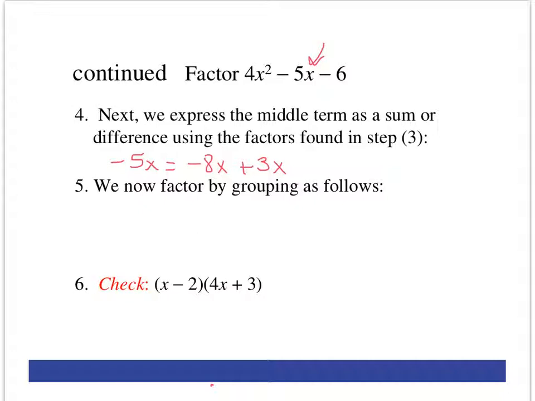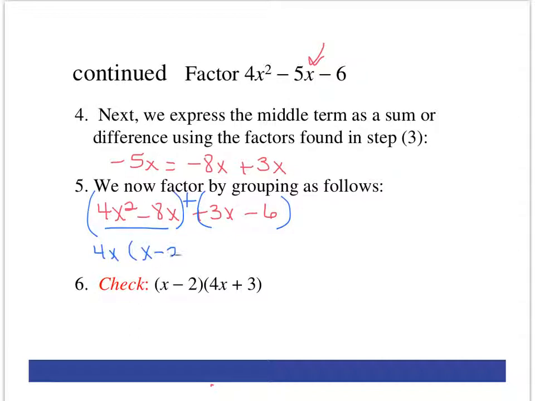If I write it originally, we get 4x squared minus 8x plus 3x minus 6. So I'm going to put parentheses here, parentheses here. The GCF here is a 4x, and that's going to give me x minus 2. We're going to look here, and that's going to give me a positive 3, and I get x minus 2.